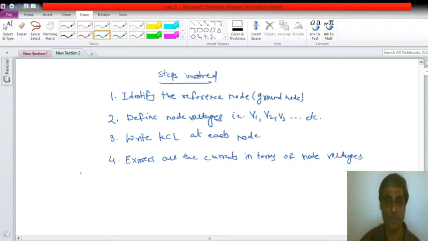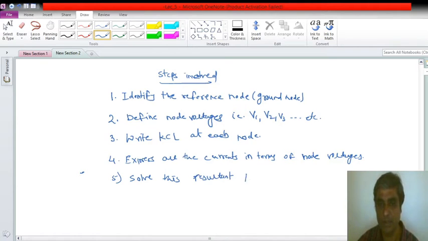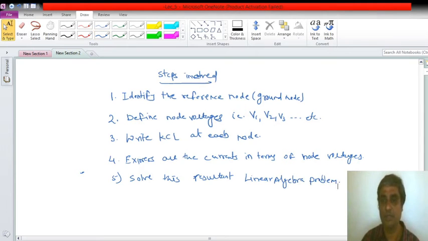The result will be a linear algebra problem, and at the last, we'll solve this resultant linear algebra problem. Fine. So these are the steps involved.